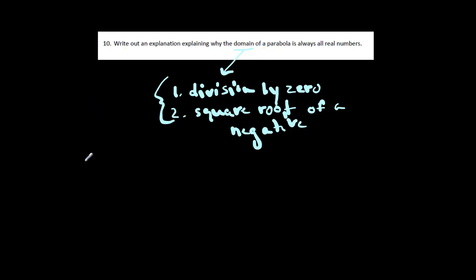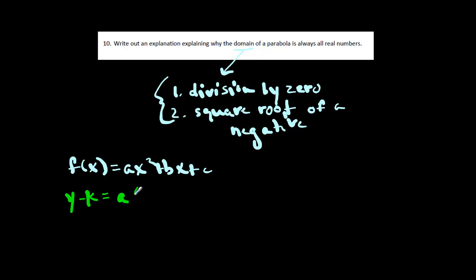When you're looking at the equation of a parabola, whether it's general form, or if it looks like f of x equals ax squared plus bx plus c, or if you're looking at it in vertex form, y minus k equals a times x minus h squared, there's no possibility of division by 0 in each of these.